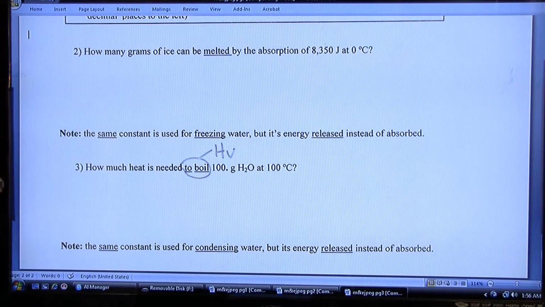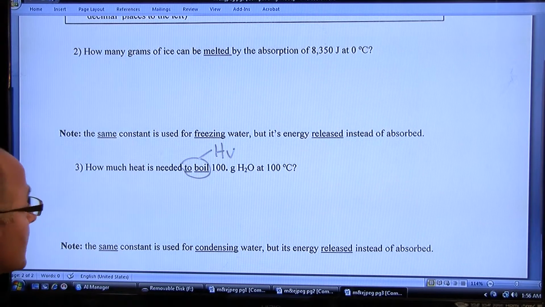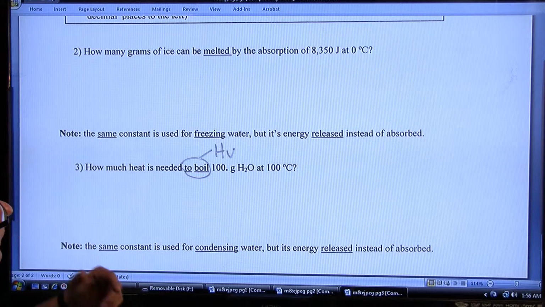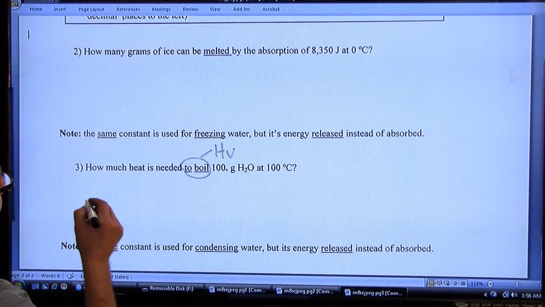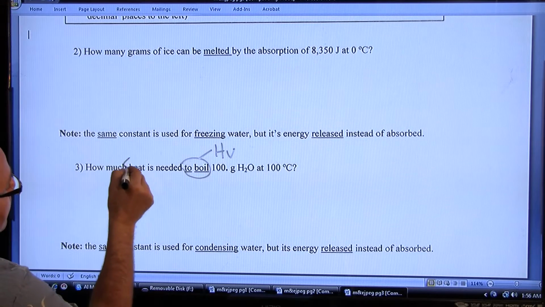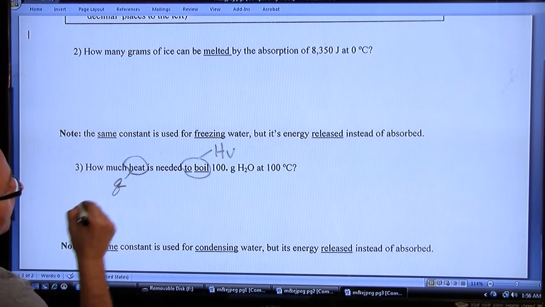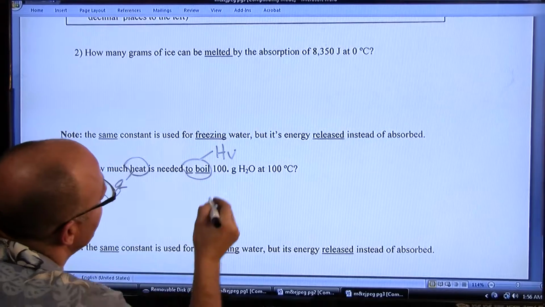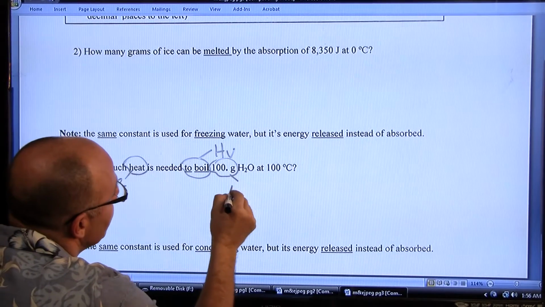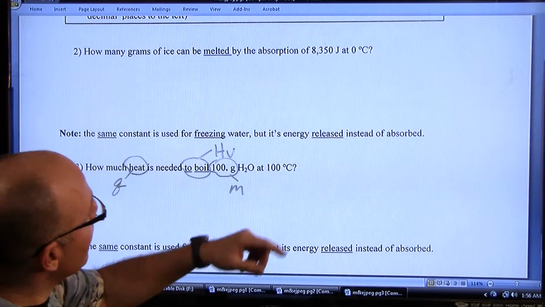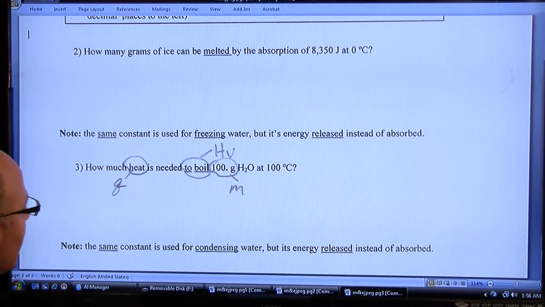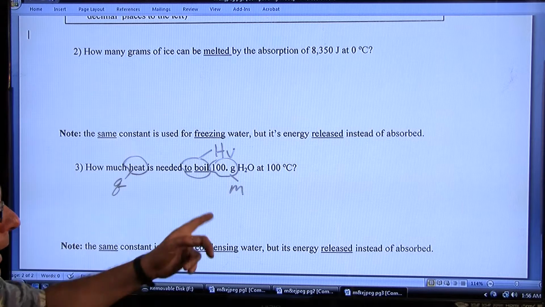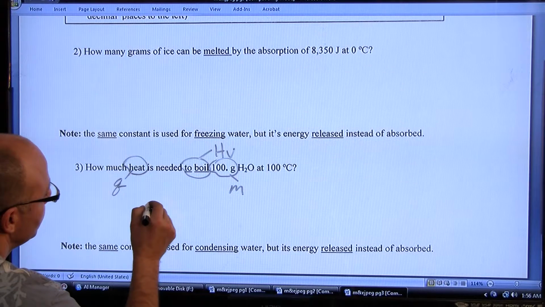Otherwise, it would be to condense, but we'd use the same formula, the same constant, except that in the case of condensing, it's energy released. How much heat? That's your Q, the quantity of heat. 100 grams is your mass, and again, notice it's at 100 degrees Celsius because the entire time that the liquid is boiling, its temperature isn't changing, so we don't factor temperature into this formula.